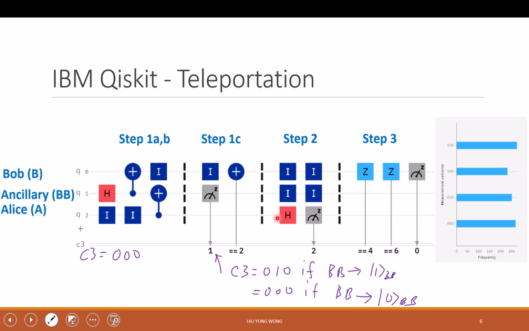So what we do is convert Alex's qubit through a Hadamard gate. Do you remember that? If you have a 0, when you go through a Hadamard gate, what do you get? Plus, right? And if you have a plus, you go through a Hadamard gate, what do you get? 0.